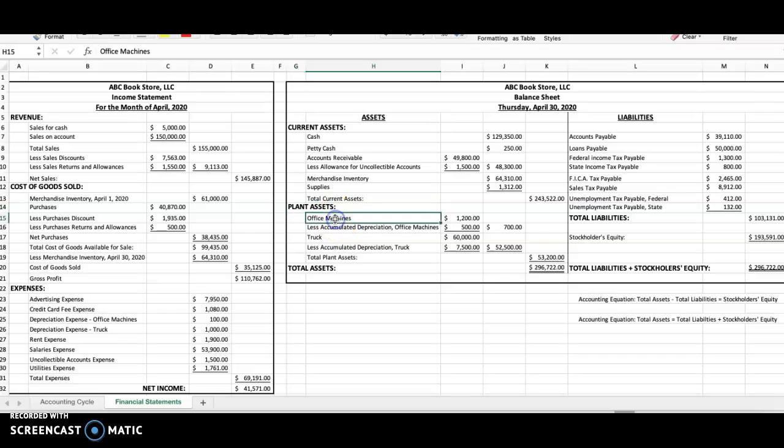So we have in this business two of them, office machines and a truck. Both of them will depreciate over time, and we've talked about how that works, and we talked about an account called accumulated depreciation.